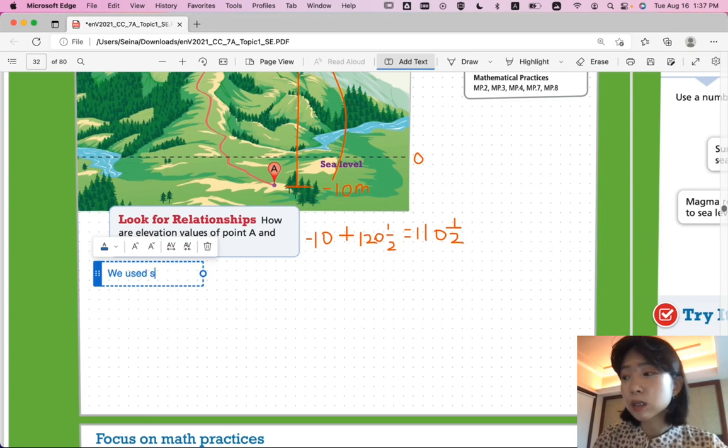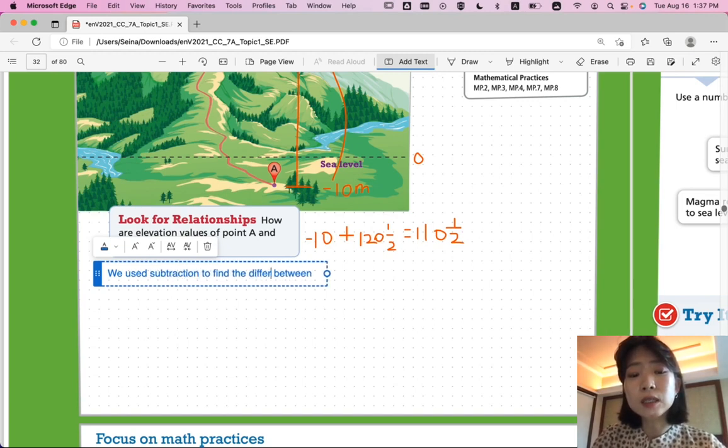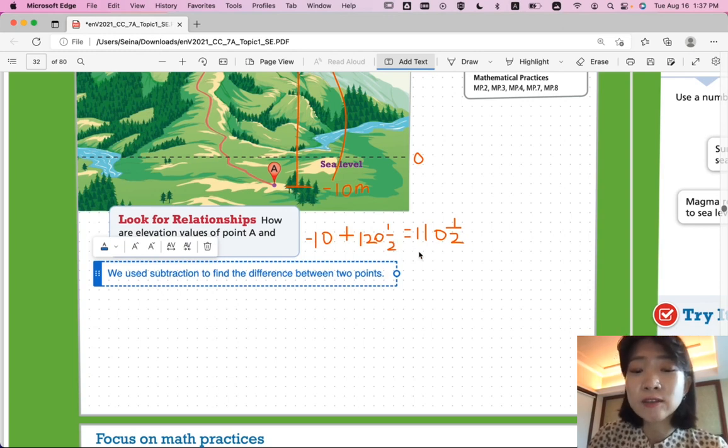We used subtraction to find the difference between 2 points, because we know they're 120.5 meters away from each other.